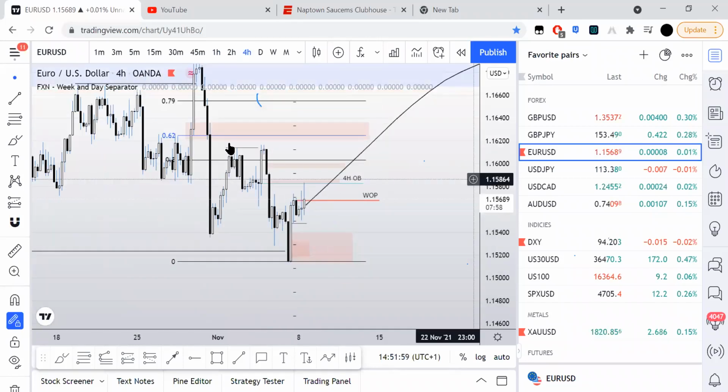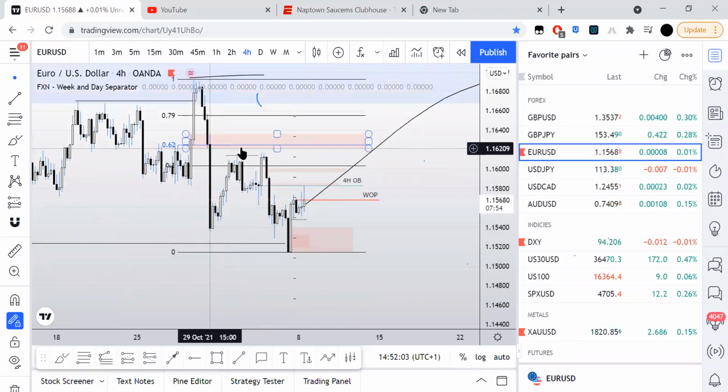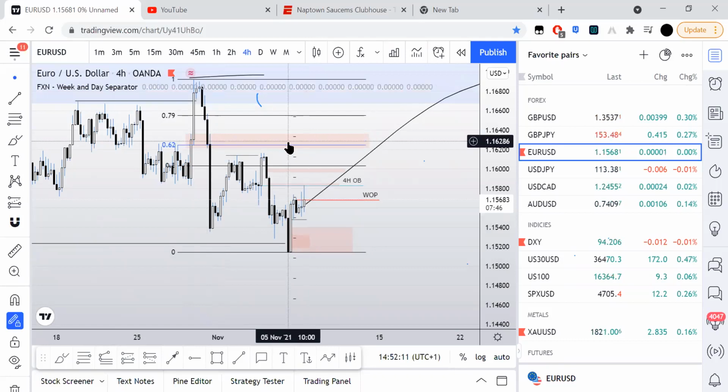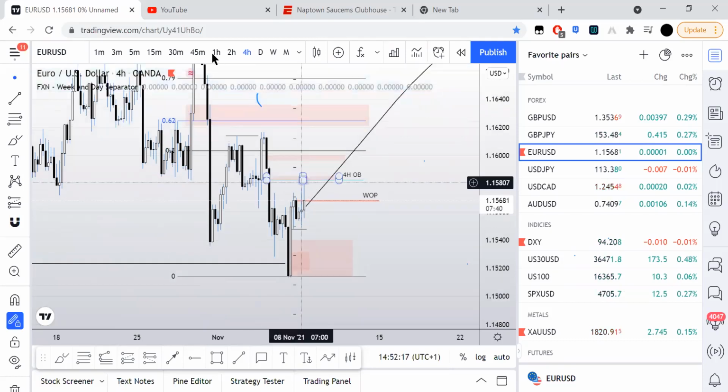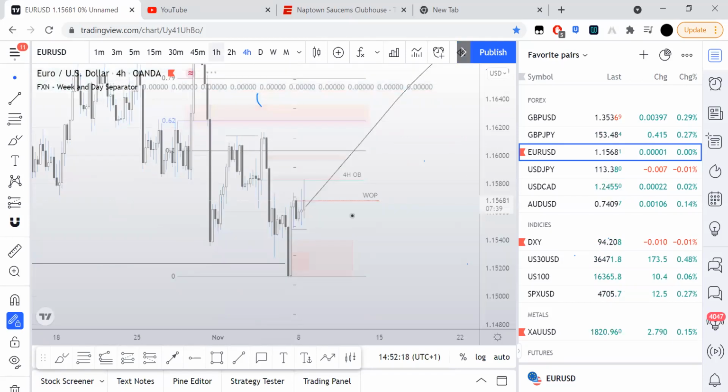This is the 62% ICT's OTE. So I was looking inside of there plus the order block, and there's a hidden order block right here. So I was looking inside of here to potentially take sales. I think the better sales would come inside of here. It's here, but I'm still paying attention to this area right now.